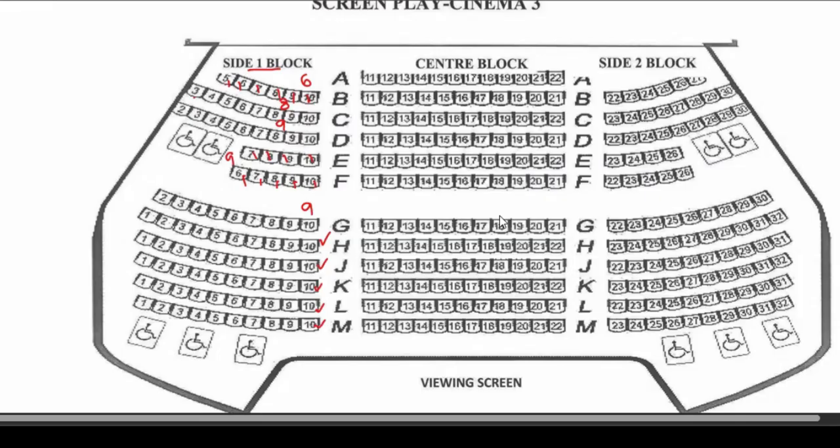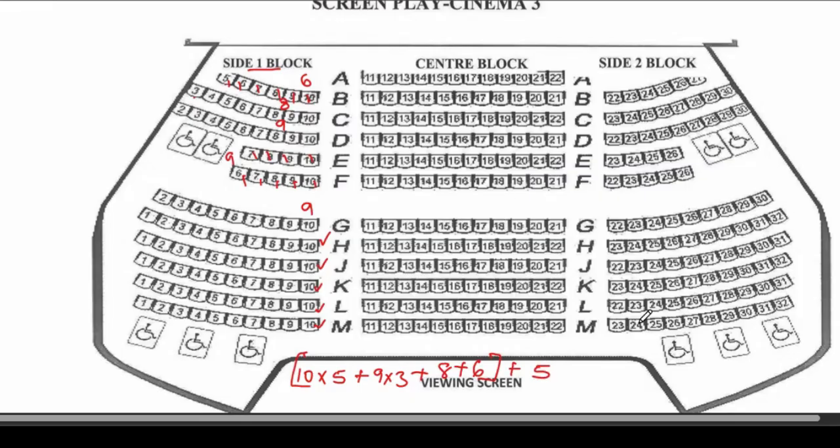So how are we going to add this? We are going to say 10 times 5, plus 9. How many times does it appear? 3 times. So it's 9 times 3, plus the 8 and plus the 6. On top of that, we add the seats for disabled people, they are 5.